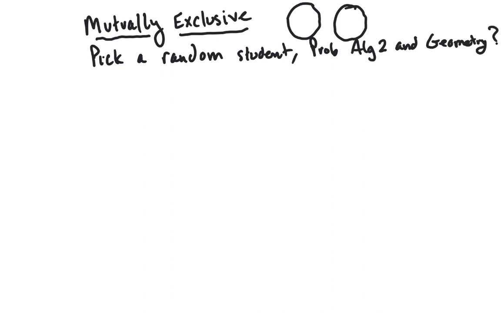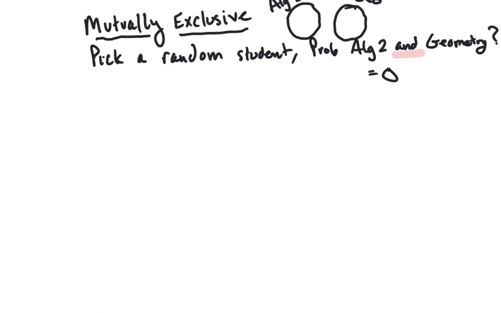Well, you can't be in both at the same time because you have Algebra 2 students, you've got geometry students, but in order to take Algebra 2, you have to have passed geometry. So you can't be taking both at the same time. There's no overlap. There's no students in both. So we would say those events are mutually exclusive. And because there's no overlap, the probability of someone being in both at the same time is 0.